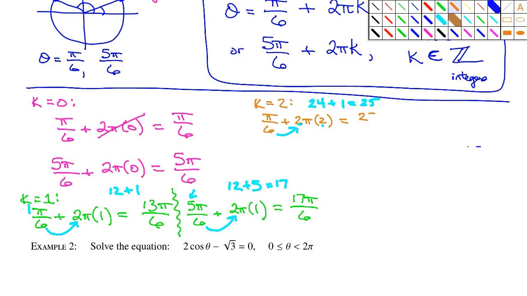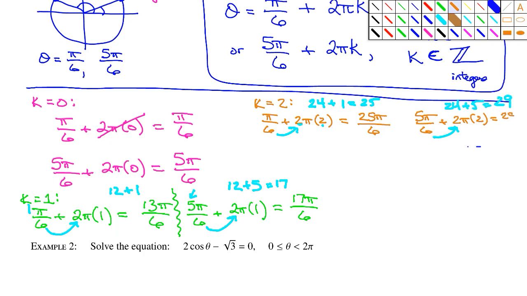So this would be 25 pi over 6. And then 5 pi over 6 plus 2 pi times 2. That would be 24 plus 5 is 29 pi over 6.